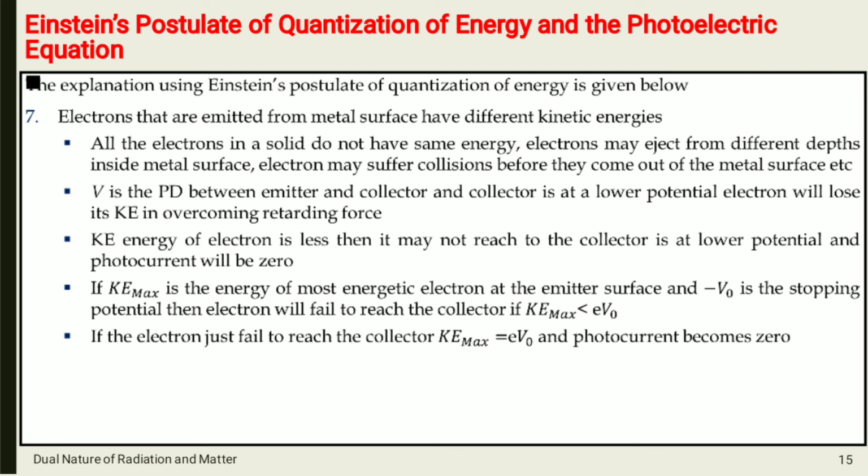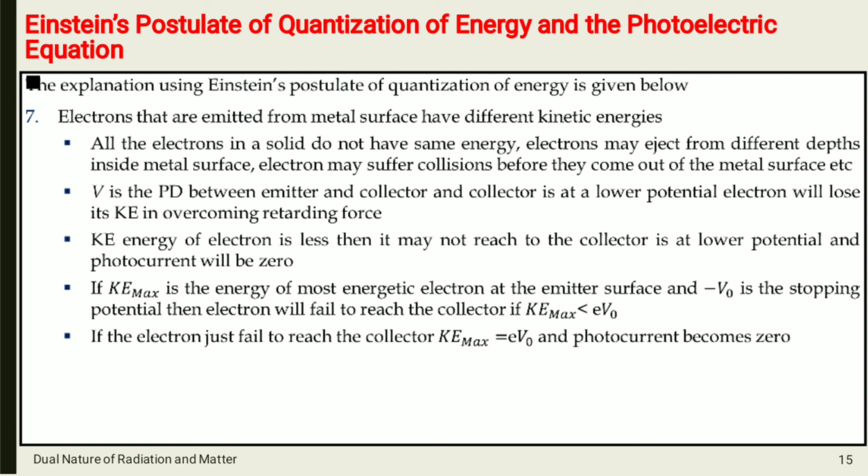If V is the potential difference between emitter and collector, and the collector is at lower potential, the electron will lose its kinetic energy in overcoming the retarding force. When we studied the experimental setup of the photoelectric effect, we studied that we can change the potential of the collector, that it can be positive potential or negative potential.